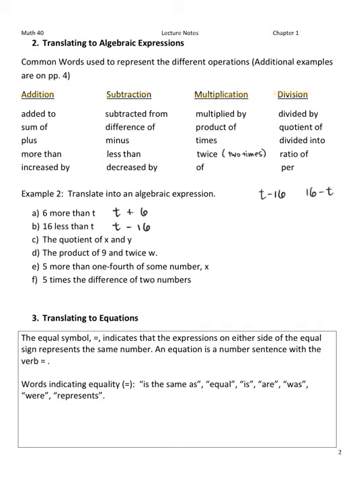Well, when you see the word than or from in a phrase of subtraction, write what follows it first. So in 16 less than t, t follows the word than, right? So you write t first, then subtract 16, okay? All right, so these two expressions are different. Okay, more about that in the next section.